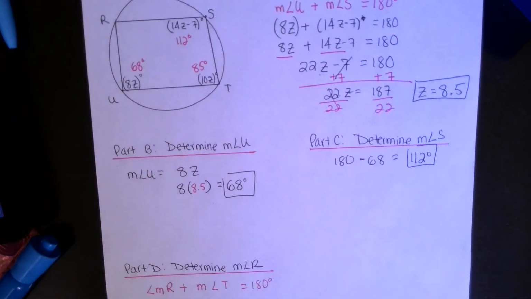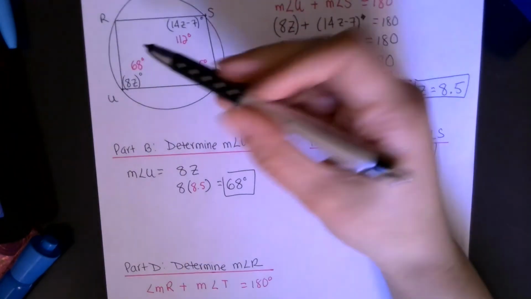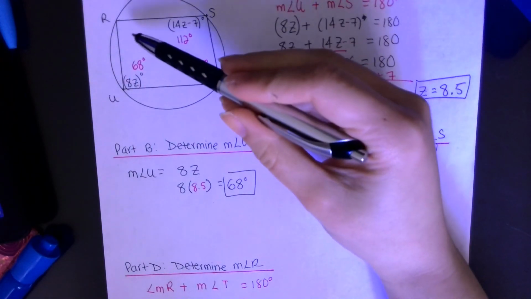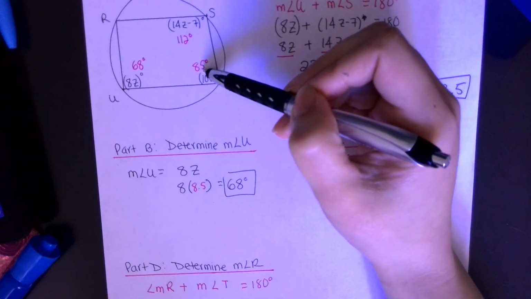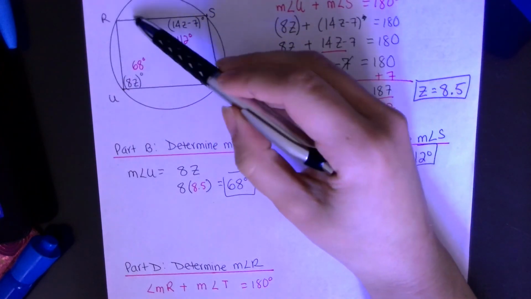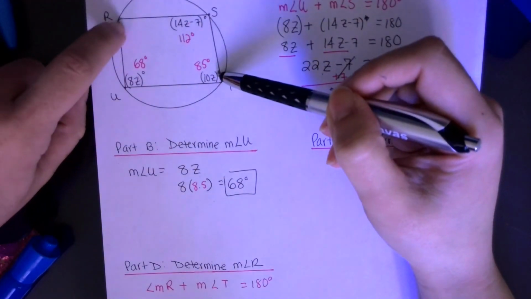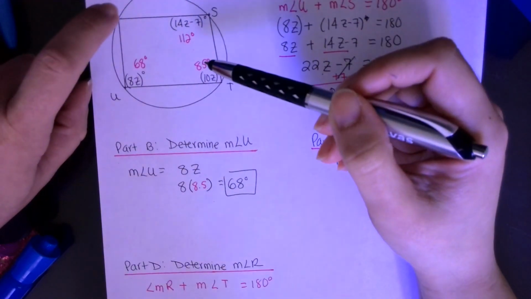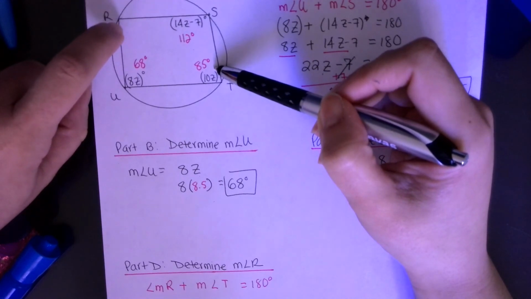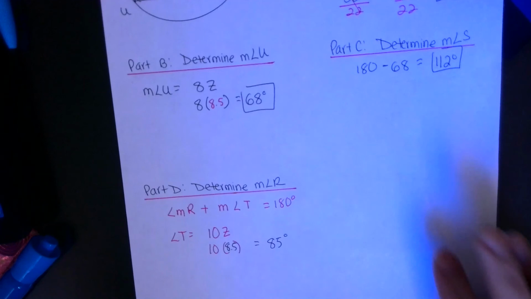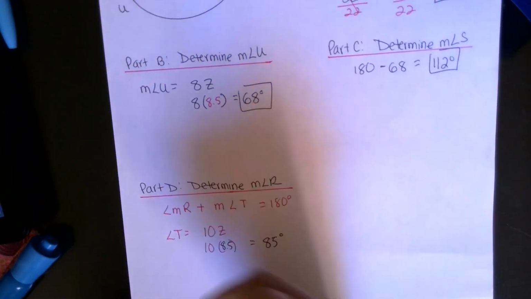Now, there's two ways you can approach this. In a quadrilateral, it adds up to 360. So if you want, you do 360 minus 112 minus 85 minus 68 will give you that angle. That's one way. Or just know, like we've been doing, opposite angles are supplementary. So that means 180 minus 85 will give you angle R. So that's less steps to subtract.